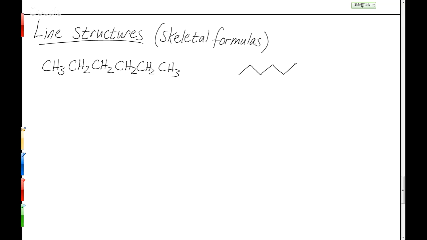But because it's a type of abbreviation, we throw out a lot of information when we go from the condensed structure to the line structure. So in order for that shorthand to be effective, we have to know what we're talking about. We have to know what that little zigzag line means. So can anybody, just looking at those two structures and comparing them, what do you see that could show how they're the same?